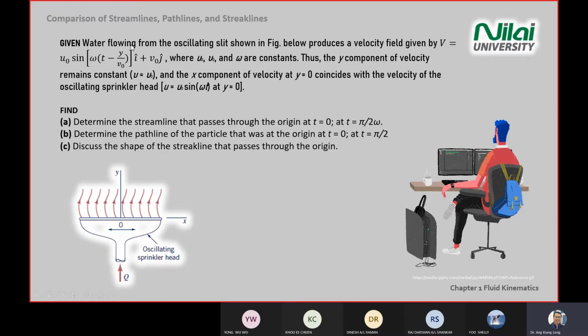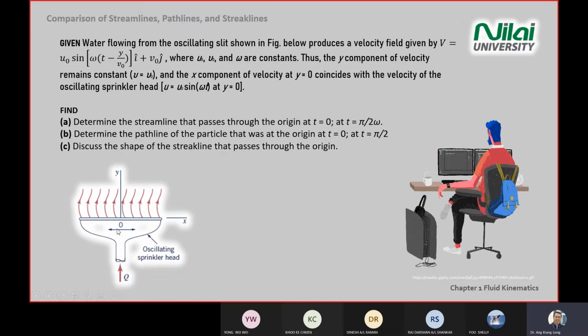We are given a water flow from an oscillating sprinkler, shown in the diagram on the left hand side of your screen. You can see that the sprinkler is projecting water. Q is the flow from below, and then it is discharged from these surfaces.